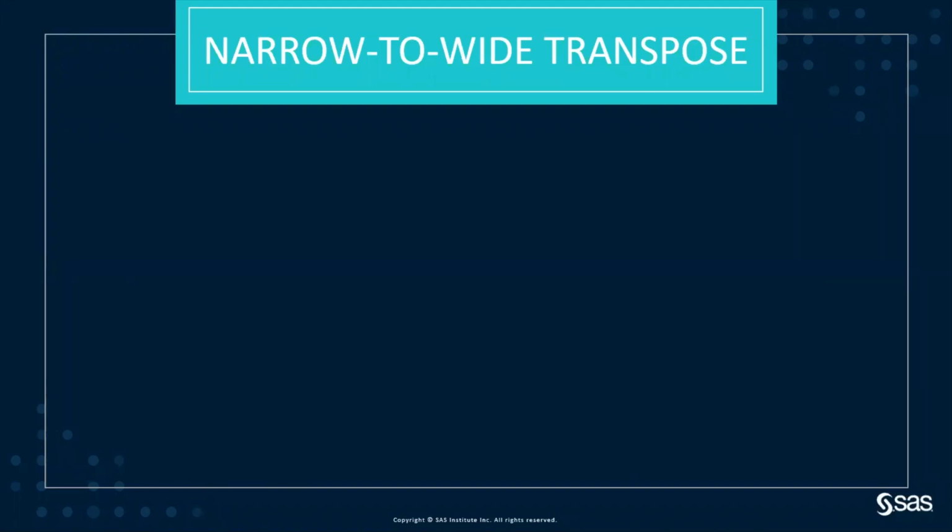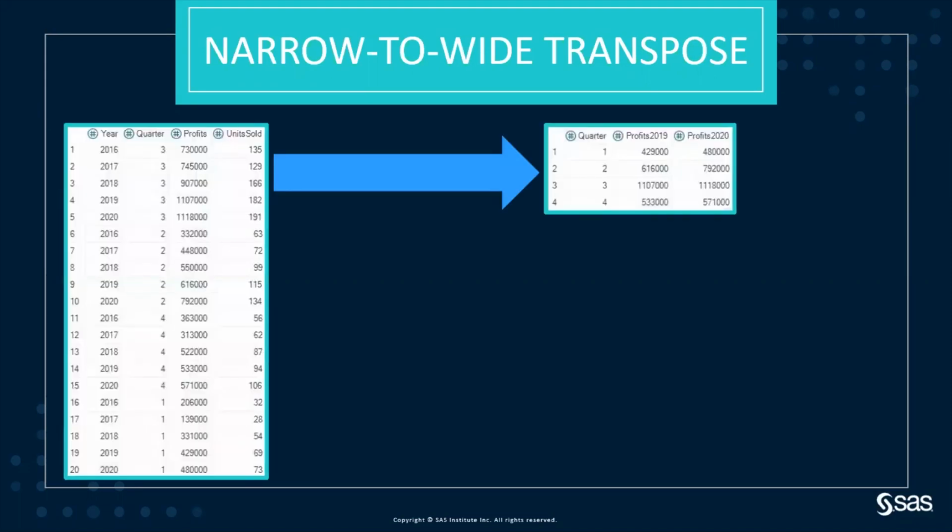Once again, we are going to need to transpose our data, but this time we're going backwards. We're starting with the narrow table, and we need to get to the wide form. Our by variable will still be quarter. We want each group of quarter values to be a single row in the wide table.